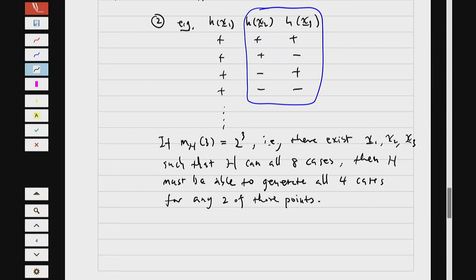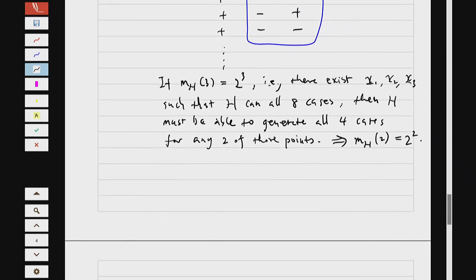Therefore, m_H(2) is equal to 2 to the second power. Whenever you can shatter at n level, you can also shatter at n minus 1 level. It's very clear, right? Just because it's a sub-block.